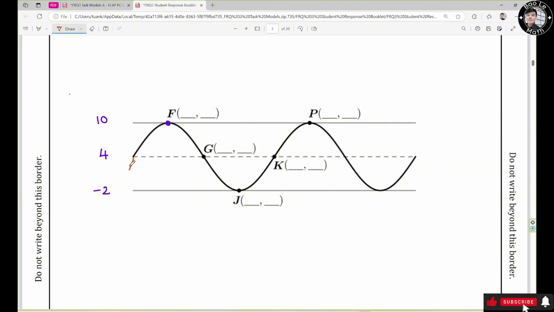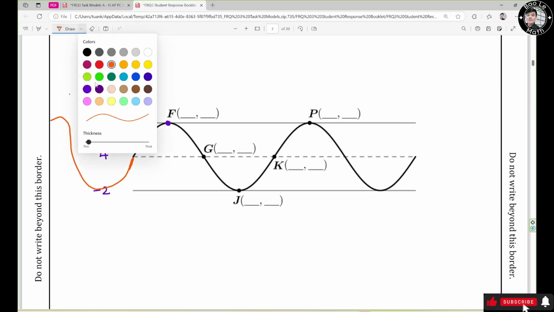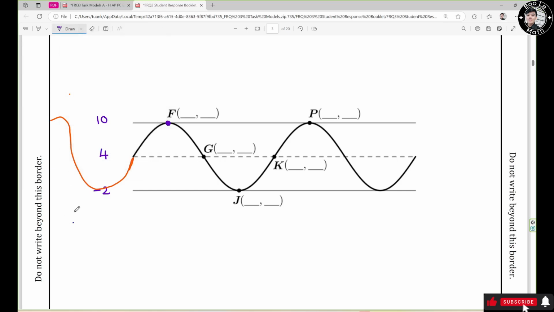So it's going to be like this. Alright, so at t equals 0, point B is right here. This is the lowest point.